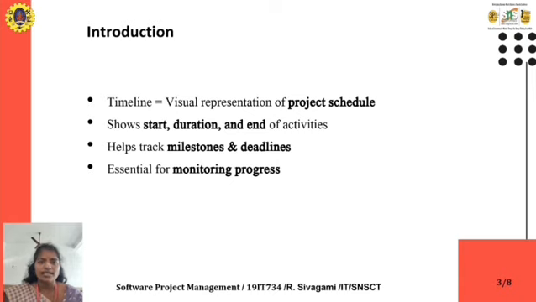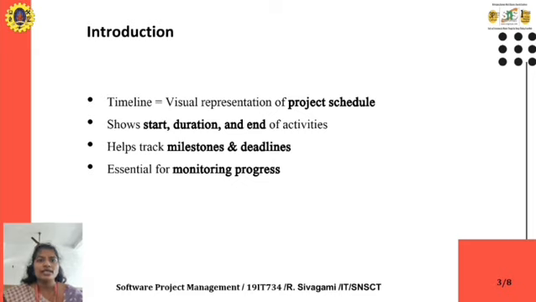If we are doing one project, it has many tasks or modules. We should allocate the time for each task or each module, and only then will we complete our project within our timeline.